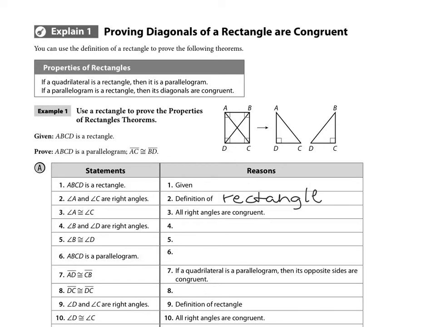So statement 4 is where we get to B and D are right angles, and that is because we've been told that it is a rectangle. So that's the definition of rectangle there as well.